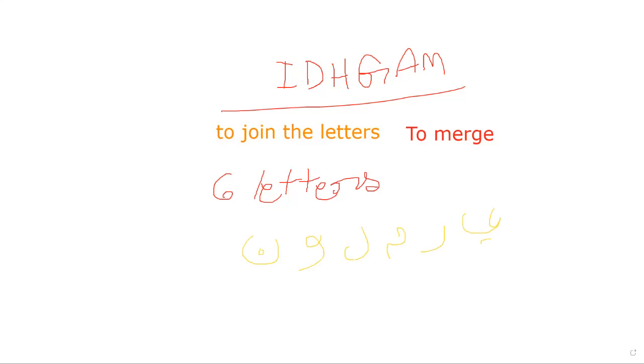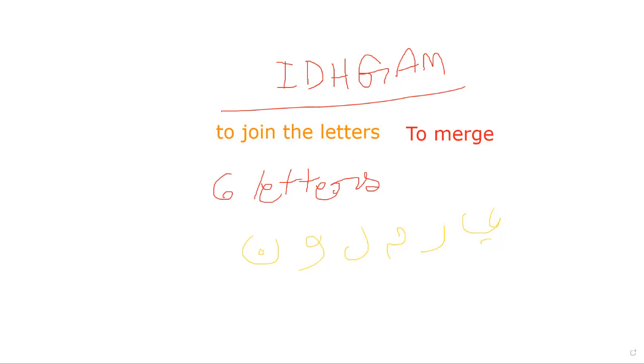So here is a tip to memorize the letters, and it is very easy. If you keep memorizing the letters Ya, Ra, Mim, Lam, Waw, Nun, eventually you will forget those letters, and you cannot remember. So there is a tip to memorize these letters.